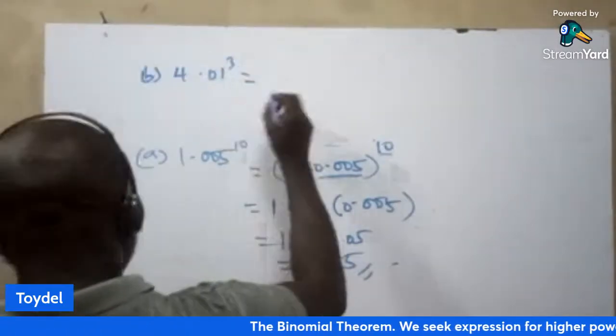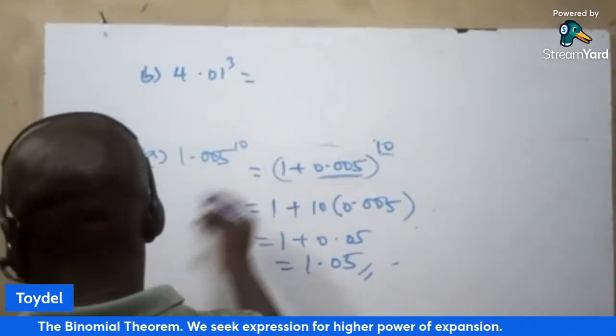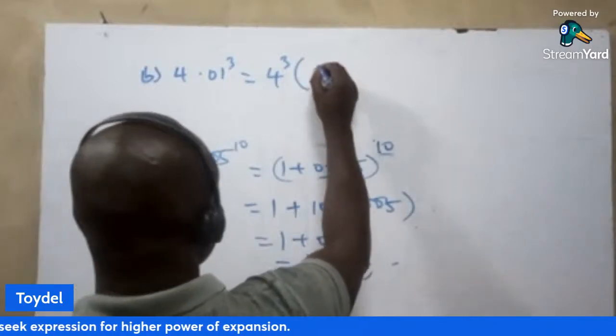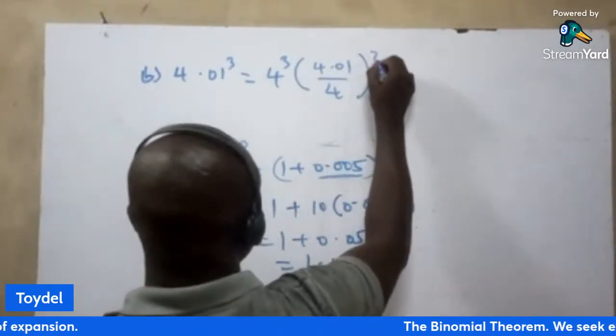B is when we have 4.01 cubed. This is the same thing as saying this can be expressed as 4 cubed into brackets 4.01 divided by 4, everything cubed. Look at it.